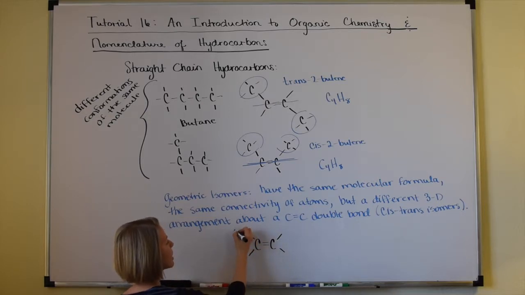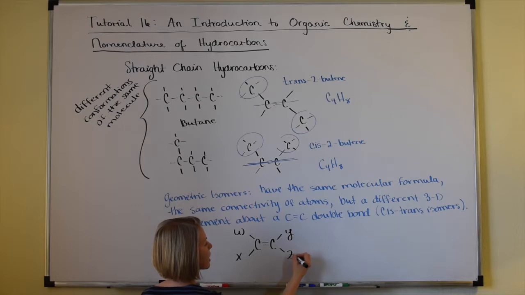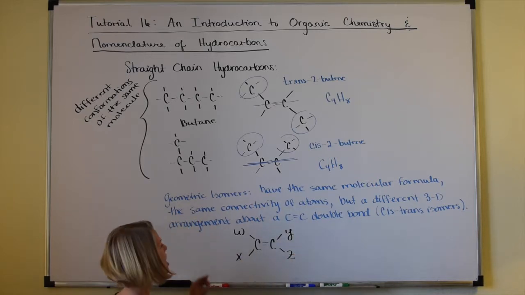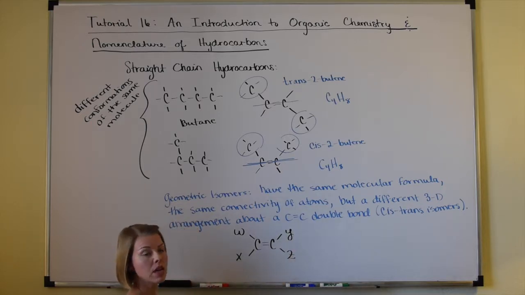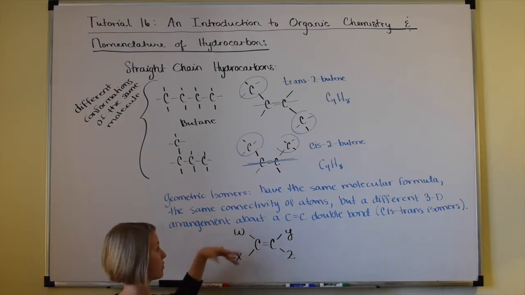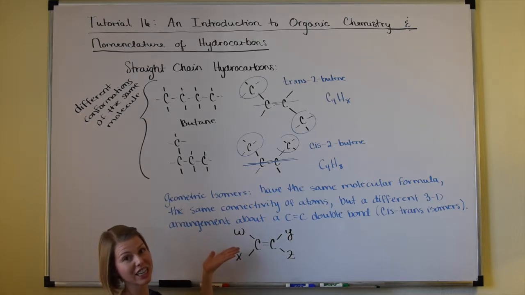So I'm just going to write W, X, and Y, and Z, because I want to be generic here. If W and X are the same, or if Y and Z are the same, then that molecule does not have cis-trans isomers. Because you can imagine, if these are the same and you flip them, then you're still going to just have the same molecule. It's not going to change anything.